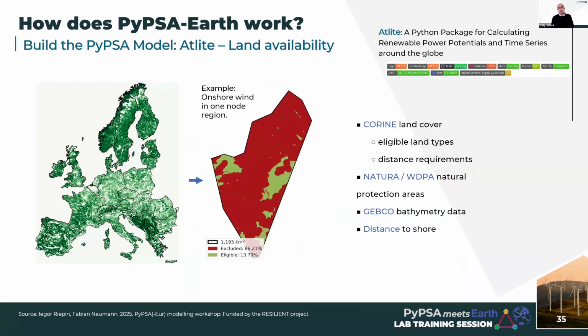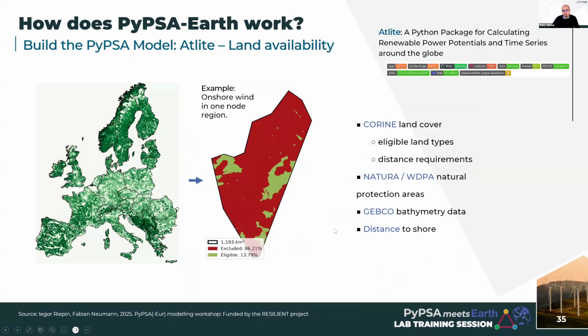Also within Atlite, as we already know, we have to calculate land availability because we cannot use the full potentials. We do this within the Atlite model, which takes the input data we downloaded before from the Copernicus land cover, natural protection areas, GEBCO bathymetry data, also height elevation models, and distance to shores.